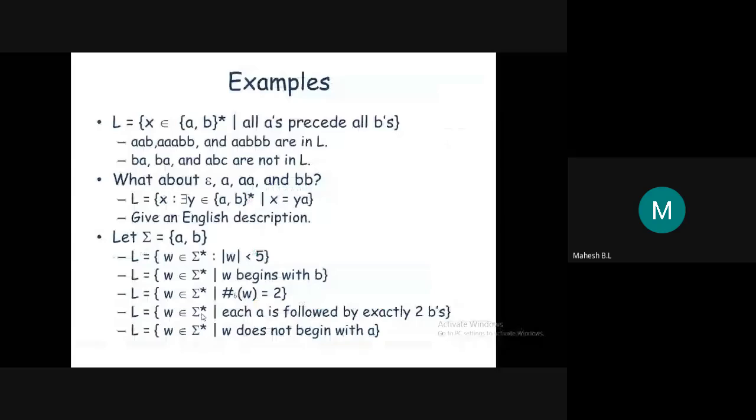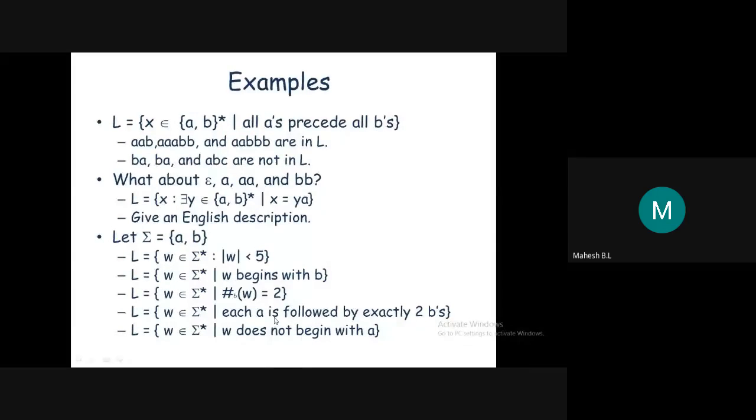So here, for the fourth language, epsilon belongs to the language. The answer is yes. Because if A is there, it must be followed by exactly two B's. If A's are not there, B's are not needed. That means epsilon belongs to the language.